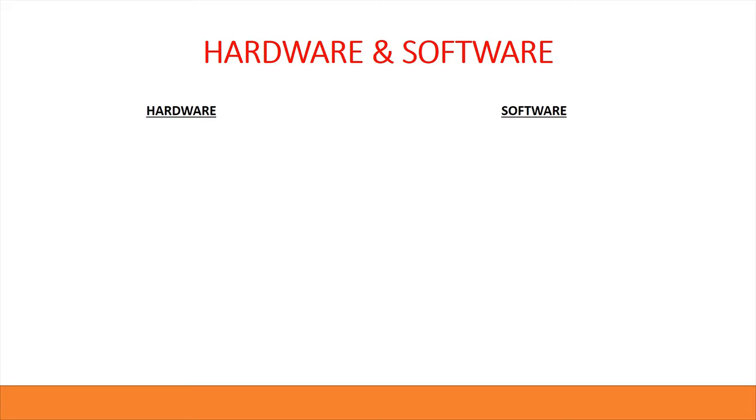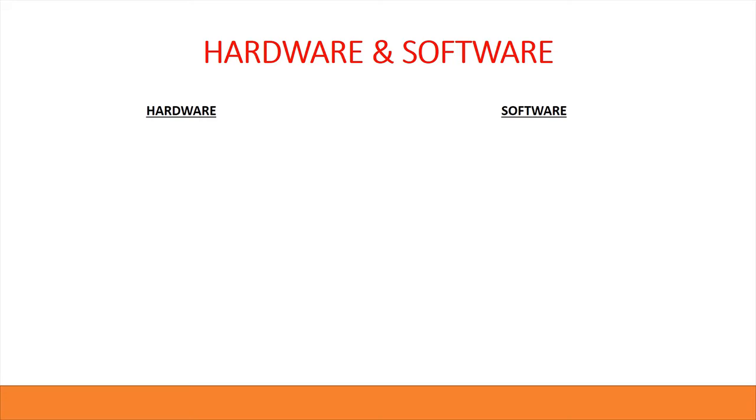And what are softwares? Softwares are virtual programs. Softwares are a collection of programs that are present in your hardware devices. Hardware devices and software applications are mutually exclusive, it means that they cannot exist without each other.